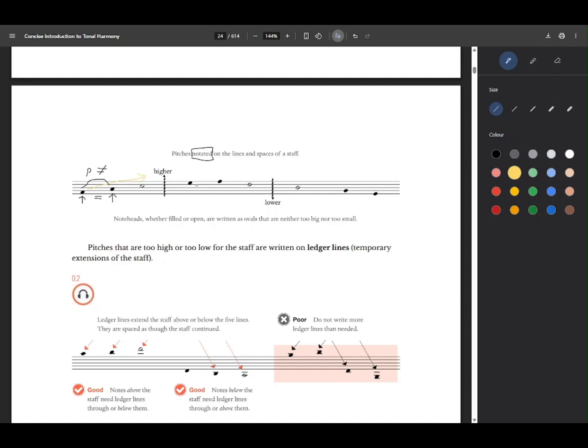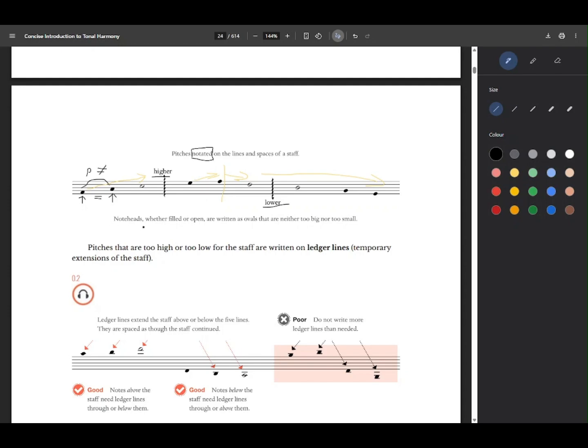Higher again, see these two notes. This one occurs higher on the staff. It's on the line above this, so we're once again going higher. Over here, we start to go lower, and continue down. So the pitches are ascending to here, and then once we get here, pitches start going down. We see that represented by these squiggly lines here.